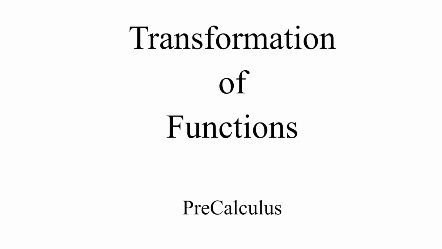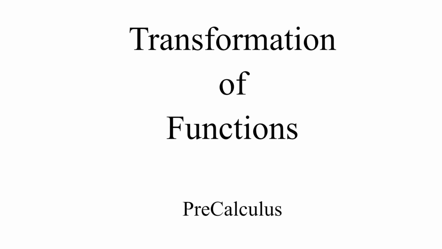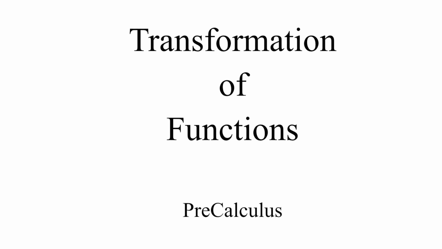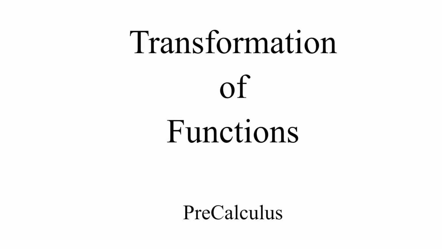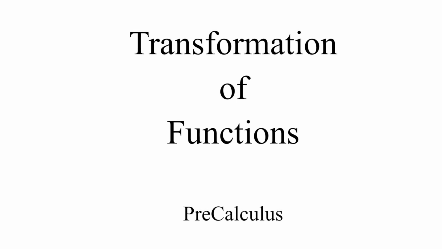So the x values stay the same and each output value will be the opposite of the original output value. For h of x, this is a horizontal reflection, and each input value will be the opposite of the original input value, and the h of x values stay the same as the f of x values.